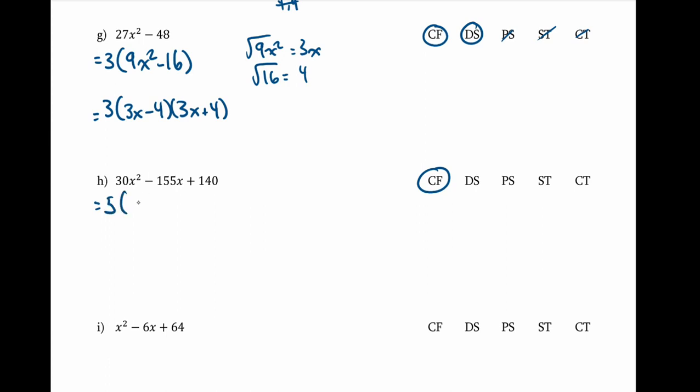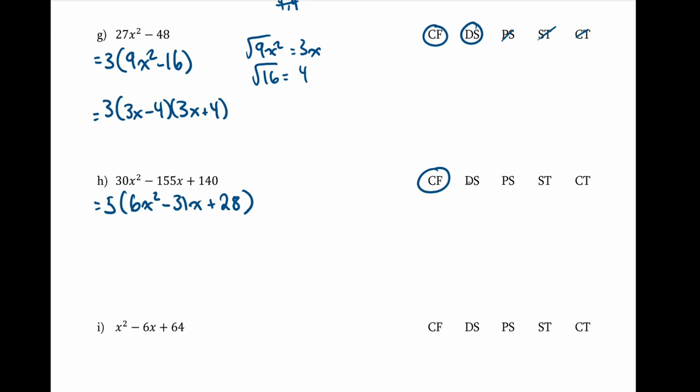So if I factor out 5, I'm left with 6x squared minus 31x plus 28. And here we can see that there's no more common factors in this trinomial, so we need to move on.